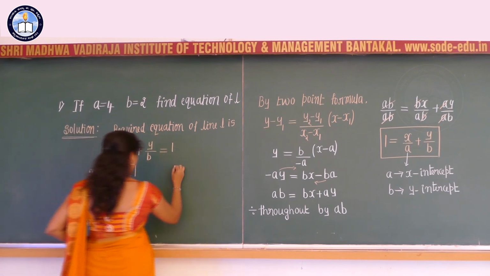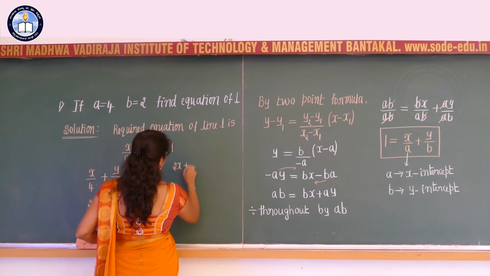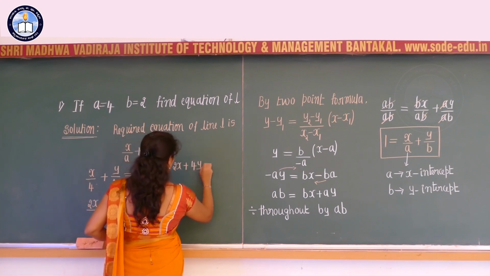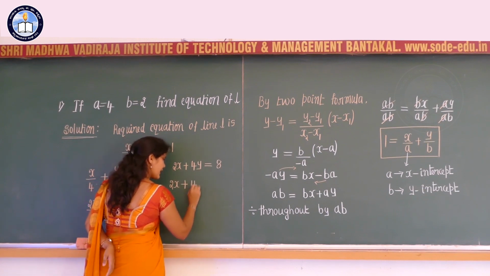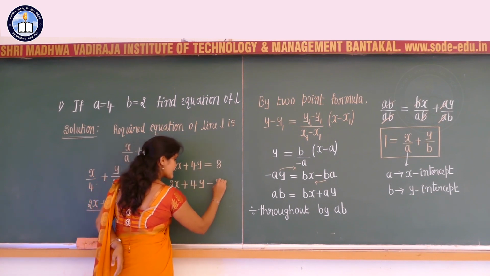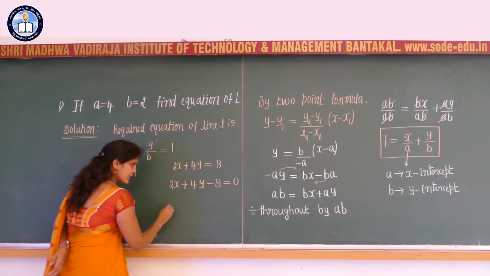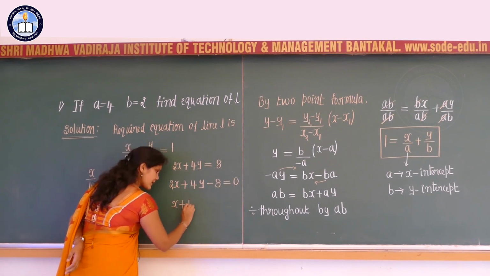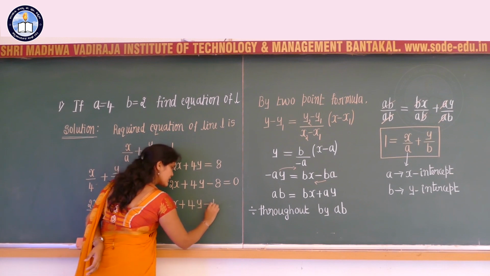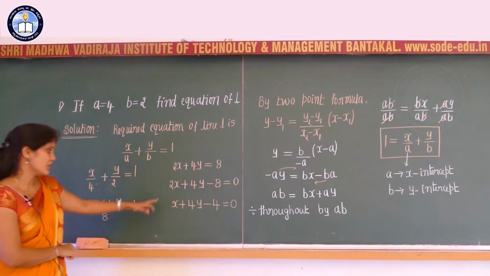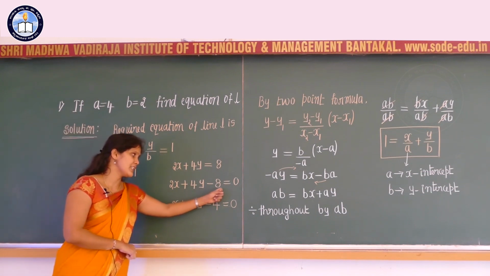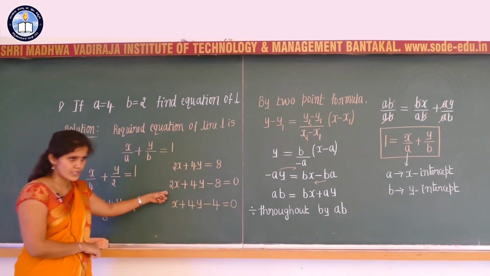Or you can also write it as 2x plus 4y is equal to 8, which implies 2x plus 4y minus 8 is equal to 0. Or we can also write it as x plus 2y minus 4 is equal to 0, that is, dividing throughout the equation 2x plus 4y minus 8 equal to 0 by the constant 2.